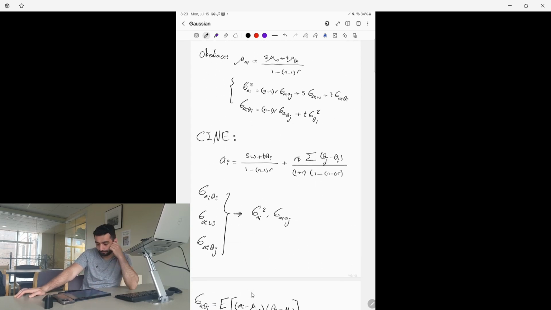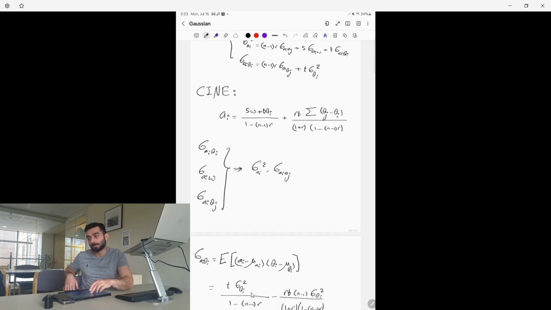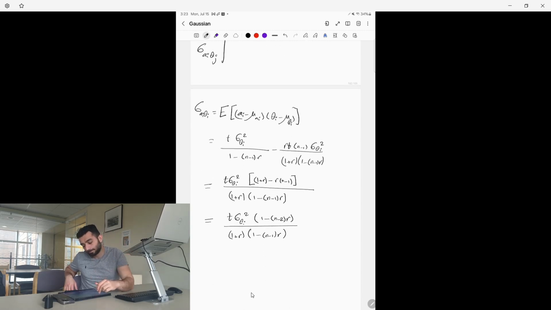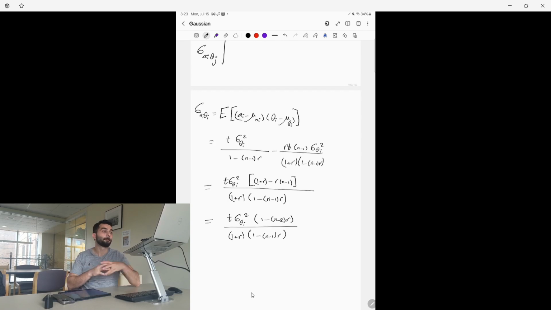One last time. 1 plus r. So we have t sigma theta I over 1 minus n minus 1 r in common, and then we have 1 plus r minus n minus 1 r, which is 1 minus n minus 2 r. Exactly, that's it.